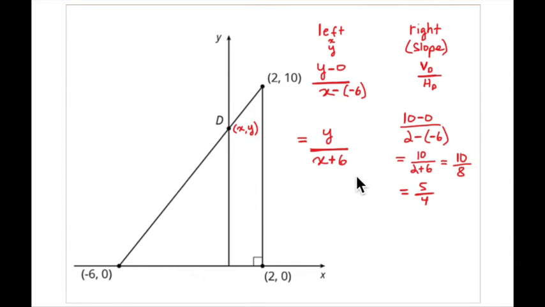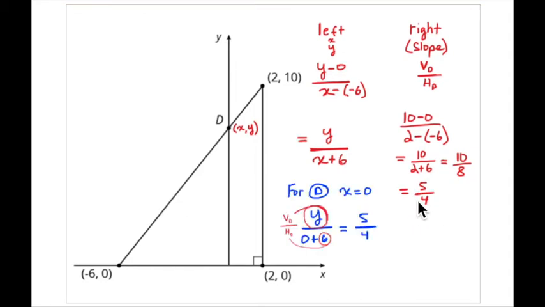So it's going to be the number of units in the horizontal direction plus 1 more fourth. It's going to be 5/4 times that. So this is the equation right here: y over x plus 6 is equal to 5/4. So that's what we're going to use.